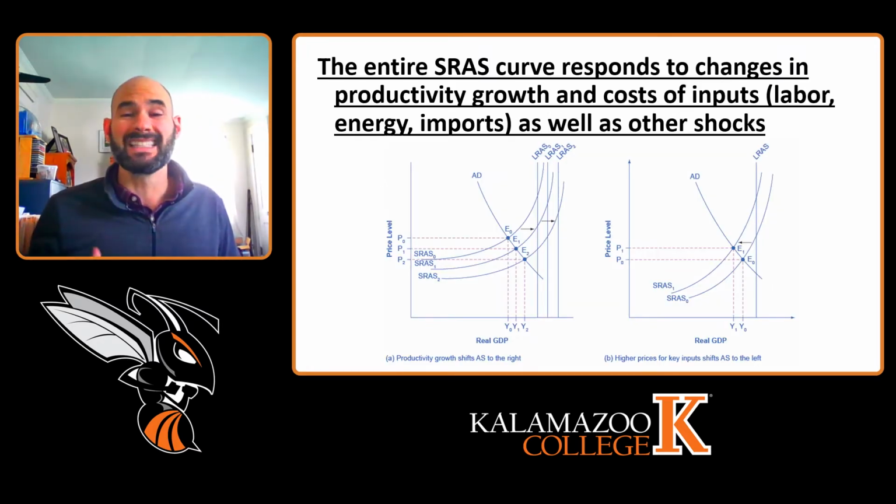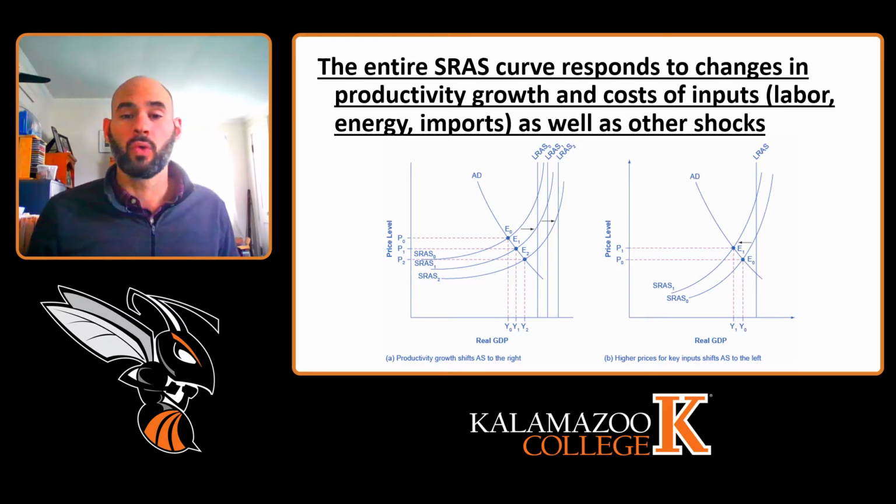So we're going to think that the entire short-run aggregate supply curve is going to shift in response to changes in productivity growth and costs of inputs, as well as other shocks which impact production.